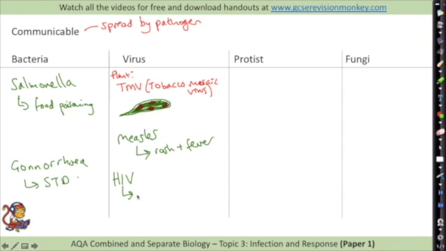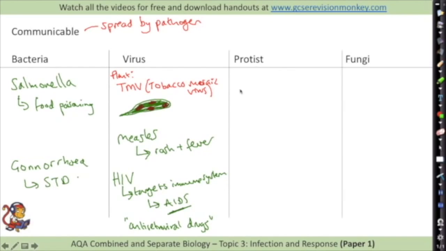It targets the immune system and it makes that weaker, and then it can lead to the really serious condition called AIDS. So AIDS leads on from contracting the HIV virus, and it only can be treated by antiretroviral drugs.